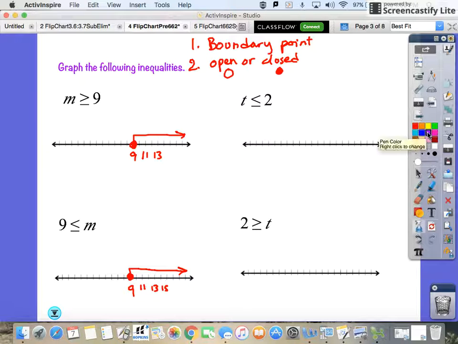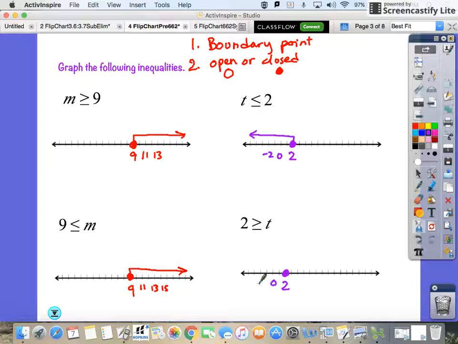So this one, the boundary point is 2. It has this equal, so we're going to use solid. And it's saying the other numbers are less than 2. So that'd be like 0, -2, this direction. Same boundary point here, solid because we have the equals, and this one says that 2 is greater than the other numbers.